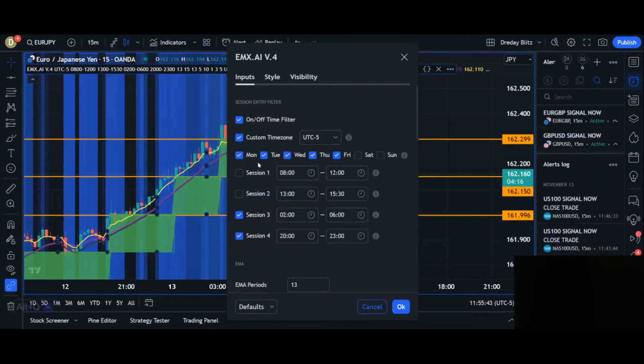The time is based on your UTC time in TradingView, so it may not be the same as mine, because Euro JPY, like I said, should be traded between the Asian and London sessions. But depending on what time you put in, it may be different.